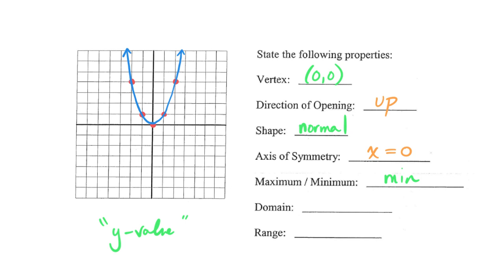Okay, I want to jump into something that should be fairly straightforward. We're talking about domain and range. When we talk about domain, we are talking about all possible x values. I'll jot down again as a reminder that the equation that gives you this function is y equals x squared.